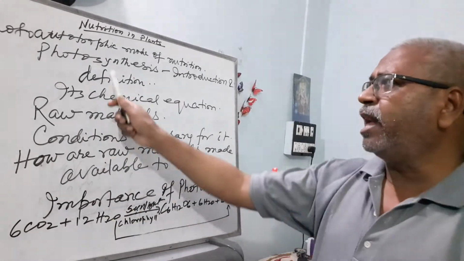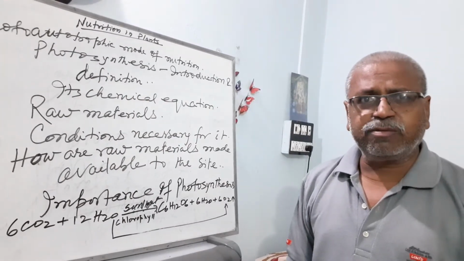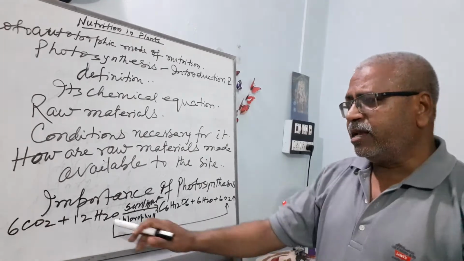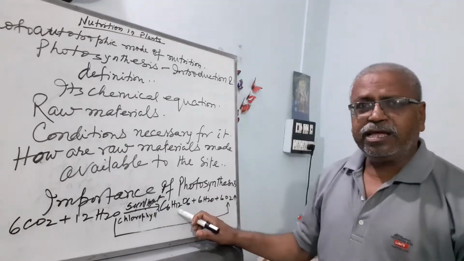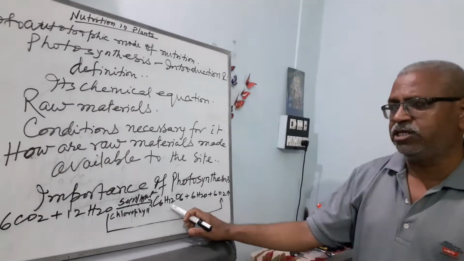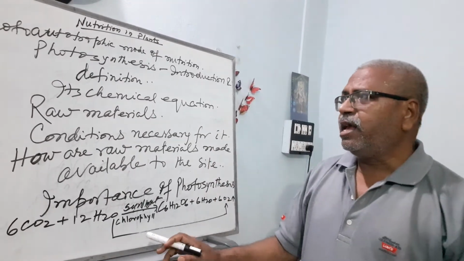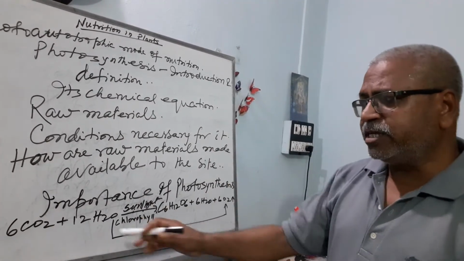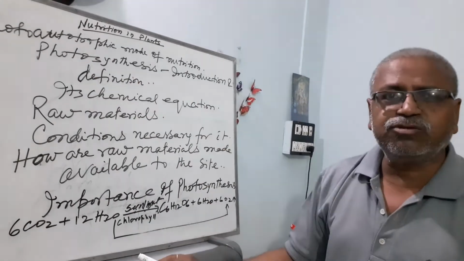So it can also be defined, in terms of thermodynamics, as conversion of solar energy into chemical energy in the form of bonds of the glucose.